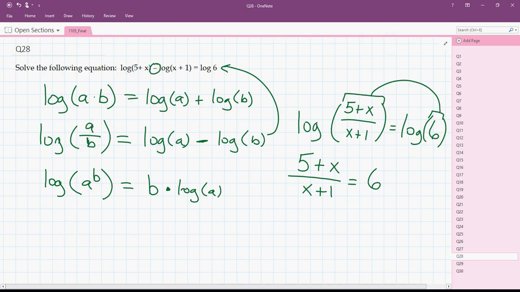At that point, if you have an equal sign and something that resembles a fraction, you could always turn the other side into a fraction by just putting it over 1. Division by 1 doesn't change anything. And then we can cross multiply. So we have 5 plus x is equal to 6x plus 6.